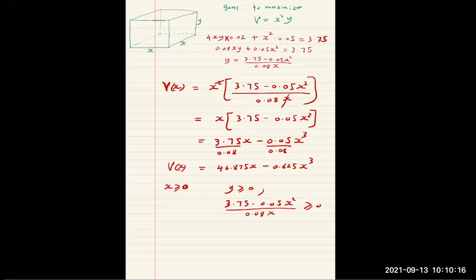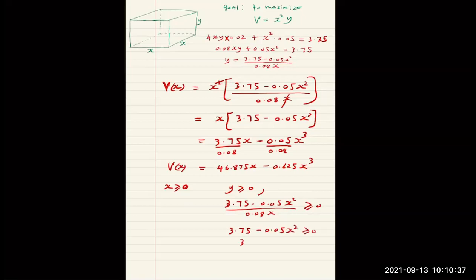Notice that the denominator is greater than or equal to 0, so you need to make sure that the top is greater than or equal to 0. 3.75 minus 0.05 x squared should be greater than or equal to 0.